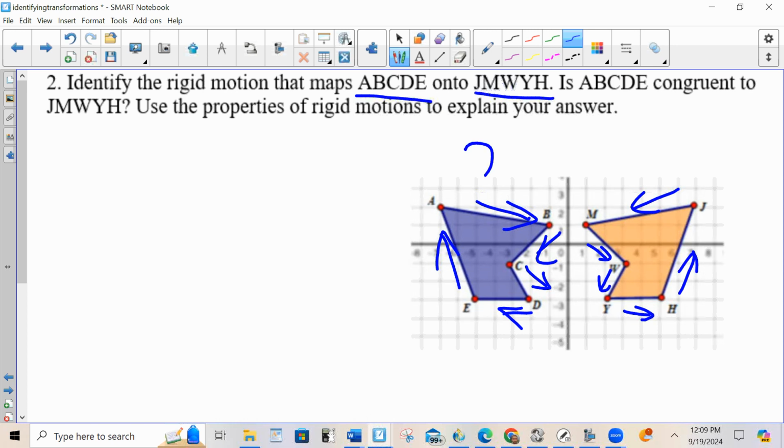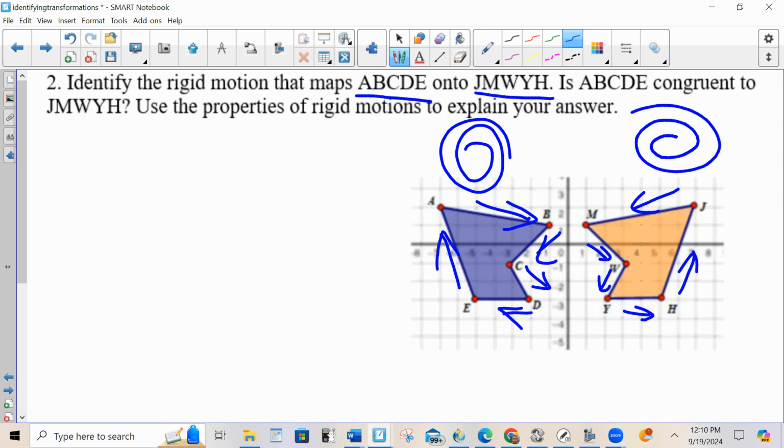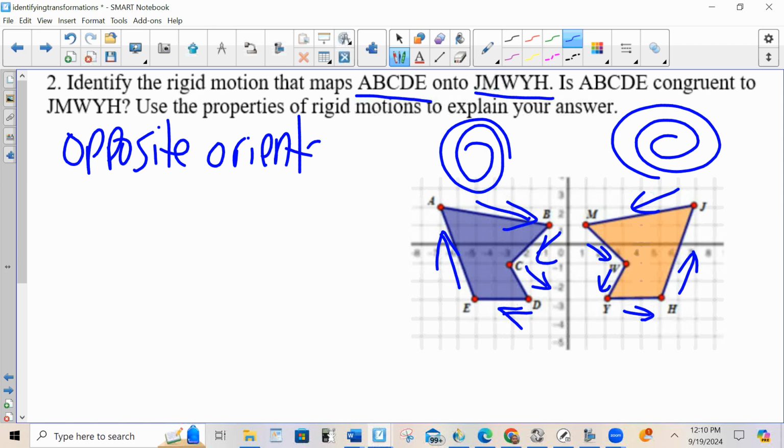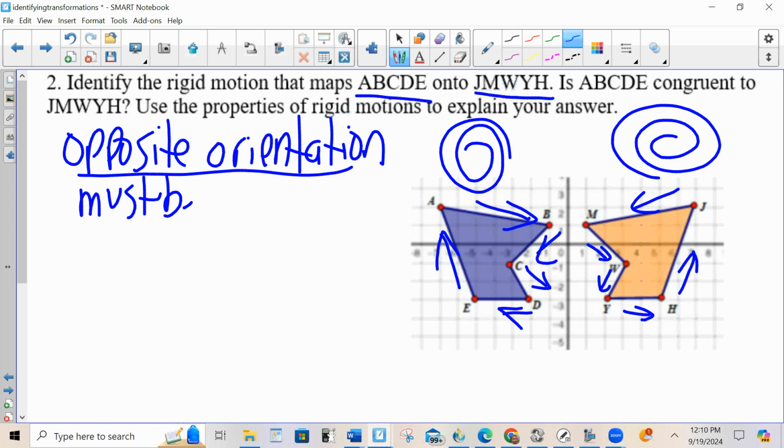Well, this one here is going clockwise. This one here is going counterclockwise. It has opposite orientation. Which is the only one that has opposite orientation? A single line reflection. It must be a reflection.